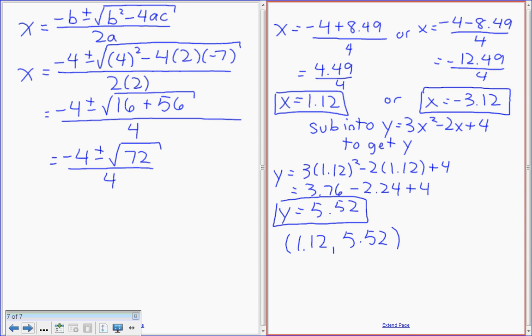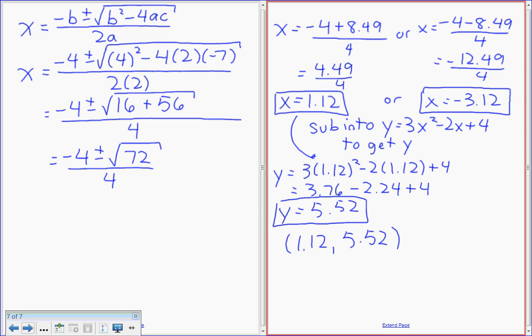I'm going to take a second and try to explain this again because I can envision the class giving me a scrunched up look because they're afraid. Okay, so the first one is I chose this x value here and just subbed into the equation. So this was 3x squared, and now it's going to be 3 times 1.12 squared minus 2 times 1.12 plus 4. 1.12 squared should have been 1.25 and change.